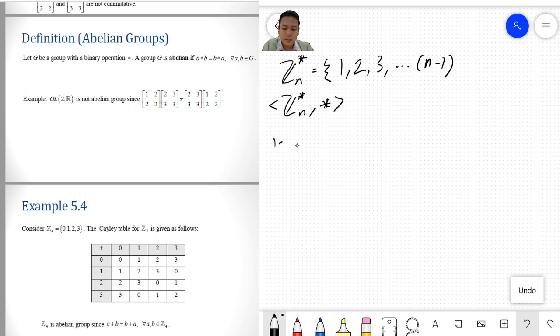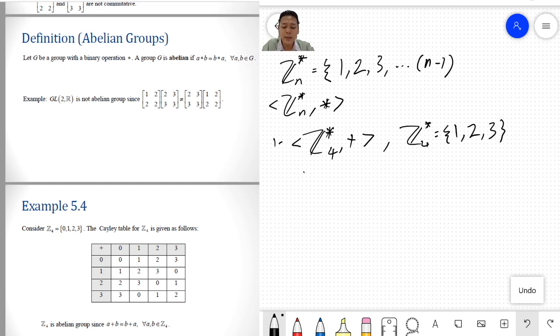Now we put an example: Z4 star under the binary operation of plus. It is established that the elements inside Z4 star only consist of 1, 2, 3.